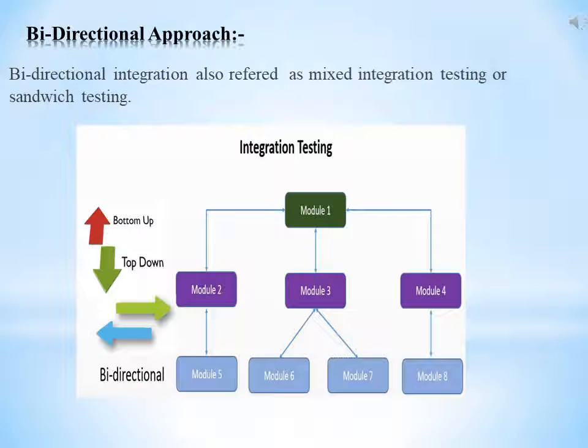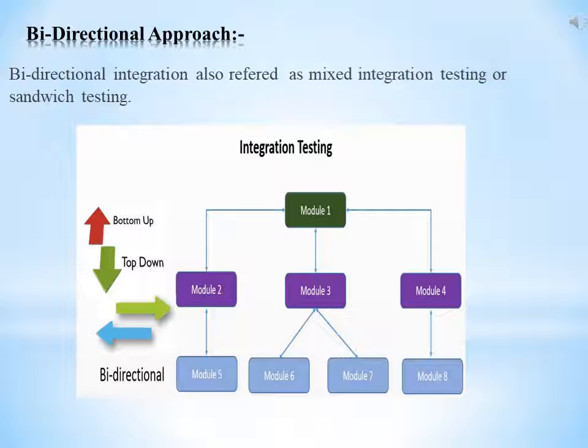Next, bidirectional integration is the combination of the top-down and bottom-up integration approaches used together to derive the integration steps. The figure shows component 1, components 6, 7, 8, then 2, 3, 4, 5.